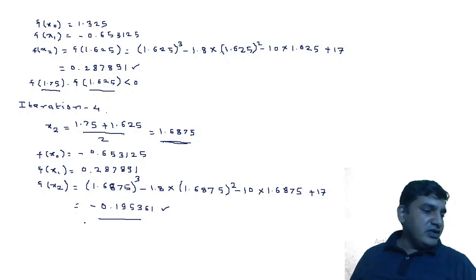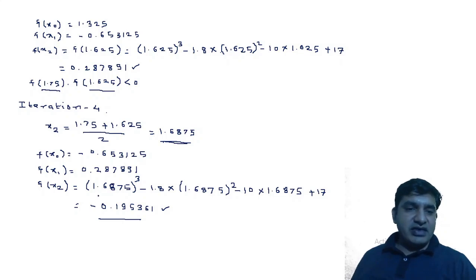And therefore, we can say that 1.625 is considered as x0 and 1.6875 is considered as x1.